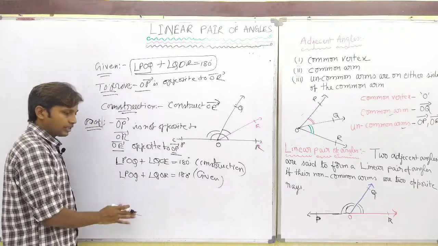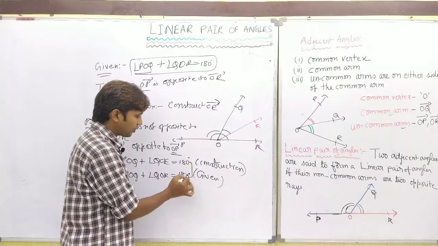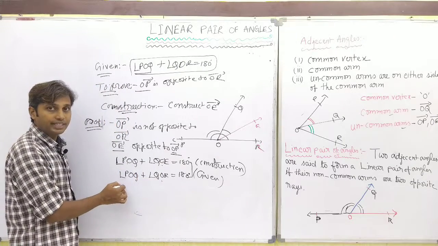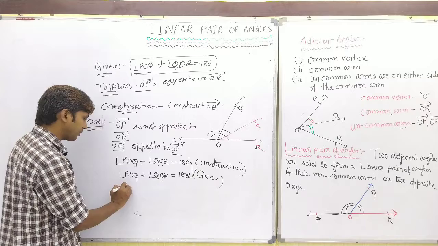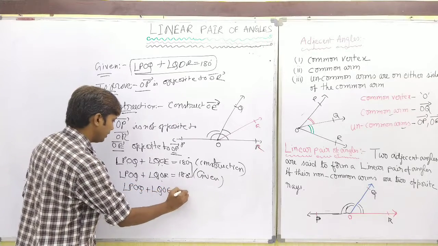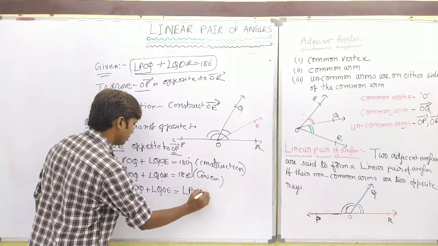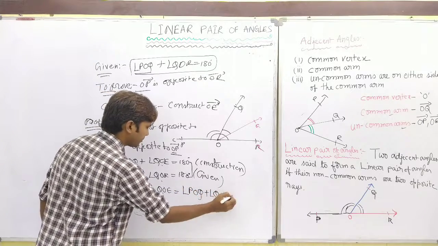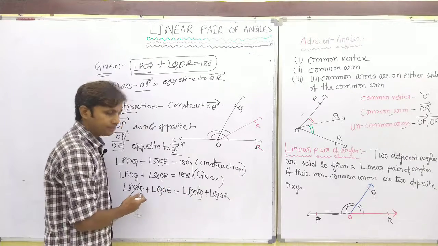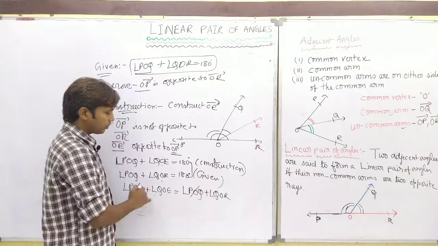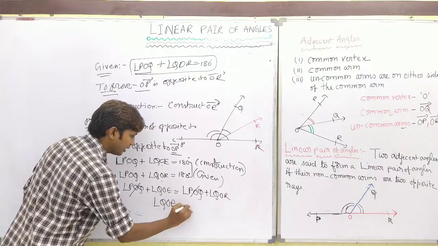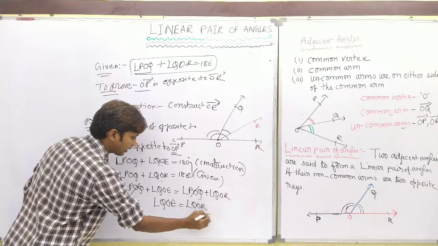Now tell me, in these equations the RHS parts of both equations are equal, so obviously the LHS parts also can be equated. Now let us make them equal. So angle POQ plus angle QOE equals angle POQ plus angle QOR. Now can we cancel this POQ on both sides? Because as we take it to the other side, it will become minus, obviously it will be cancelled. So we cancelled it. Now what is still left? Angle QOE equals angle QOR.